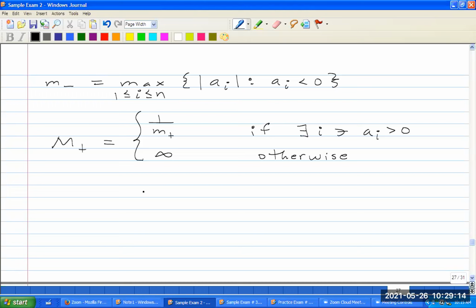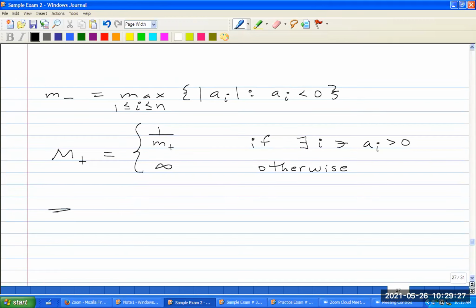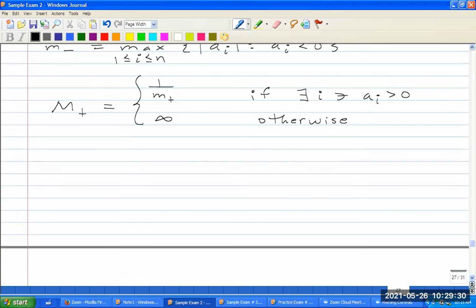And so let the lower endpoint equal negative 1 over m minus if there exists an i such that a sub i is less than 0, and it's equal to negative infinity otherwise.